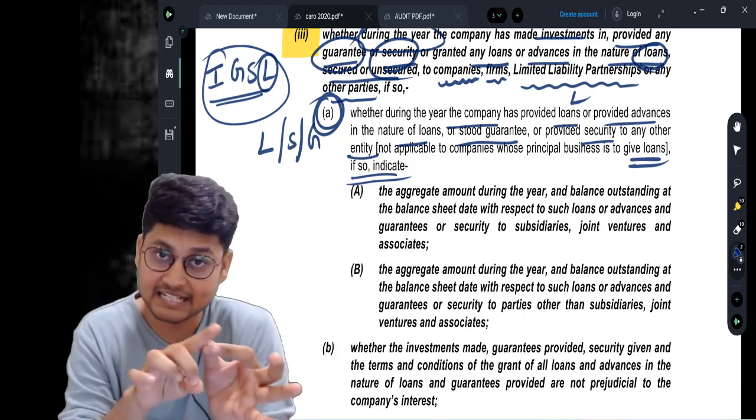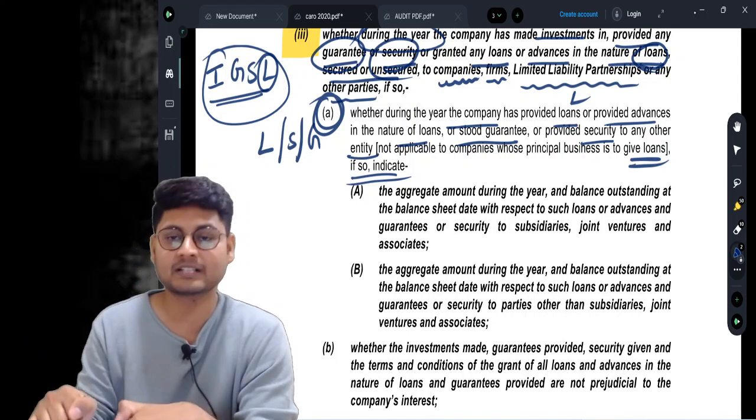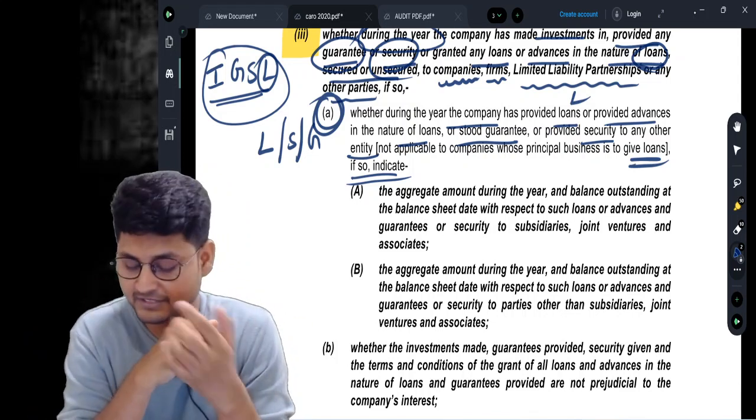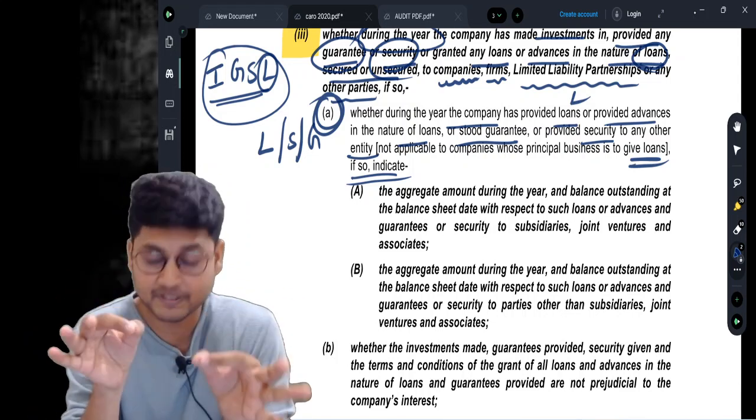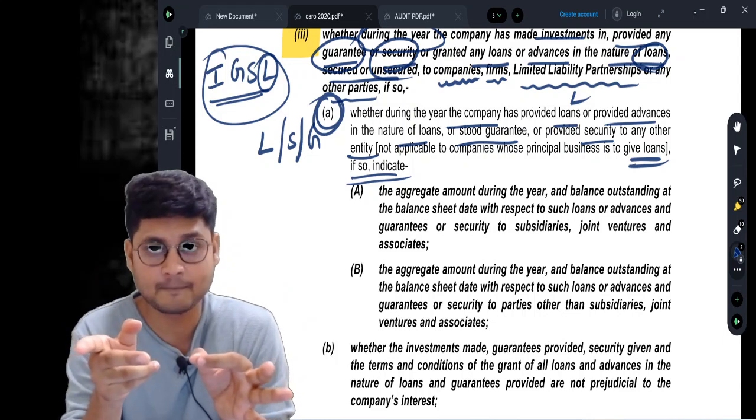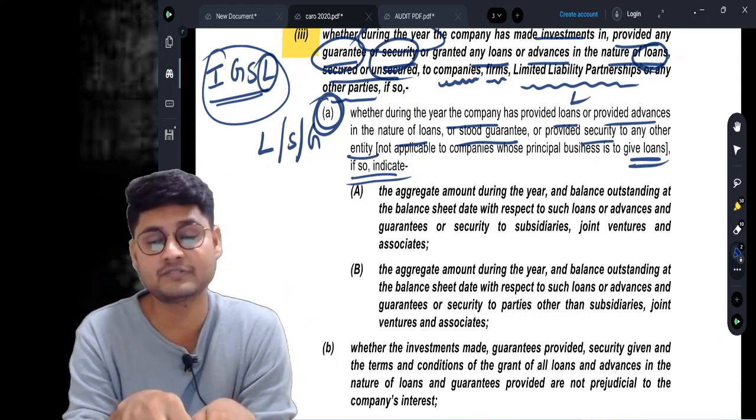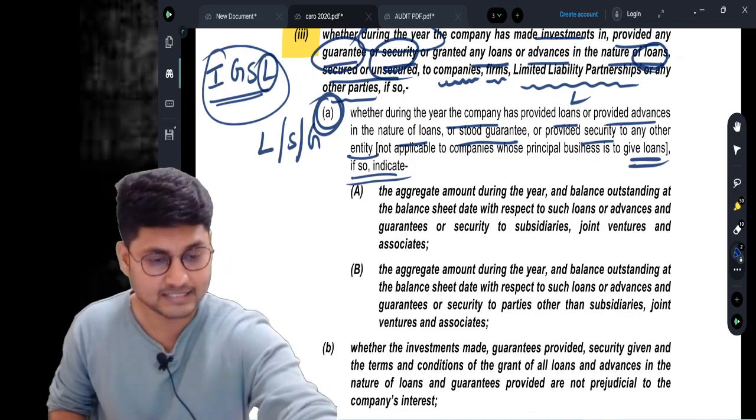But there is another clause for NBFC, it is not to be covered here. So this particular clause is not applicable for NBFC. However, CARO 2020 is applicable. There is another clause.